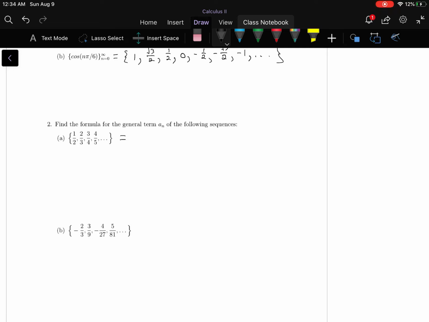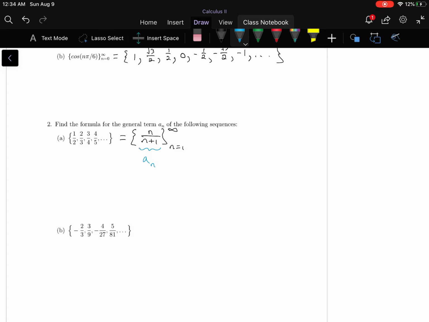And so I recognize that I can view this as n over n plus 1, where n starts at 1 and goes to infinity. And so what's inside here, this n over n plus 1, that would be my an. So that's an easier example.